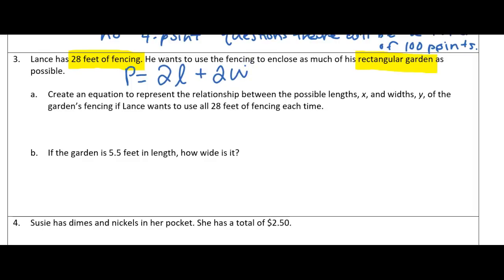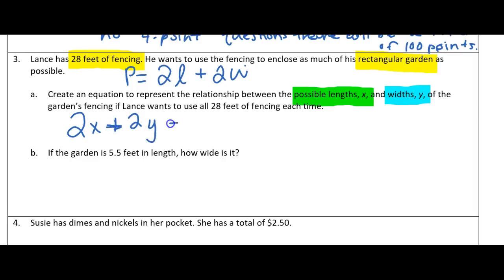Now, it told us in the problem that x is the lengths and y is the widths. So I'm going to use my perimeter formula, 2x, because x is my length, plus 2y, because y is my width, equals, and the perimeter that I have is the 28 fencing.